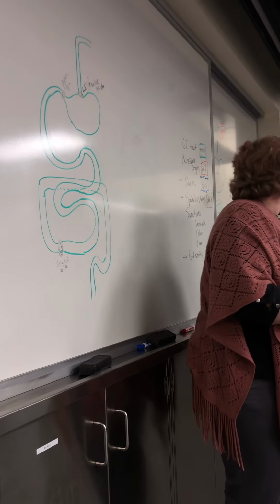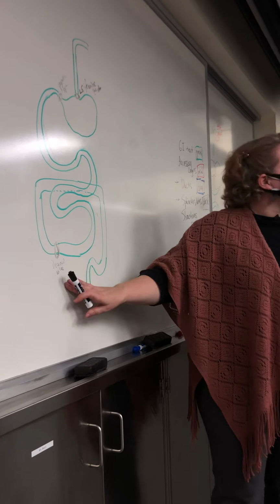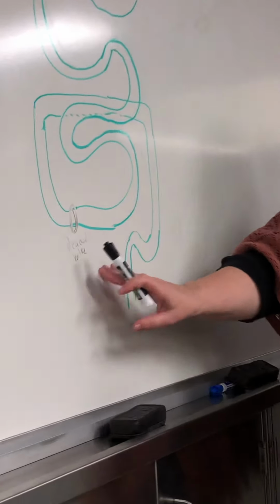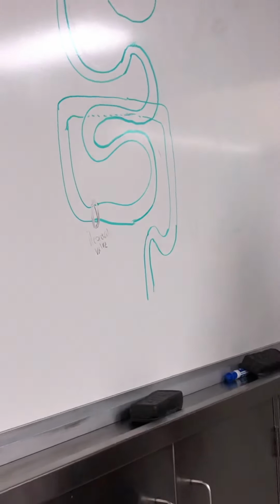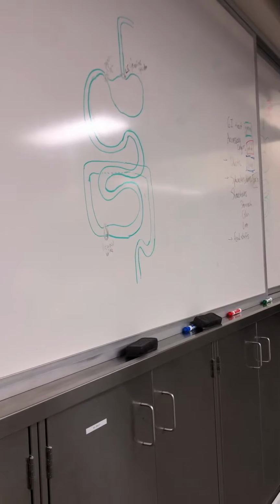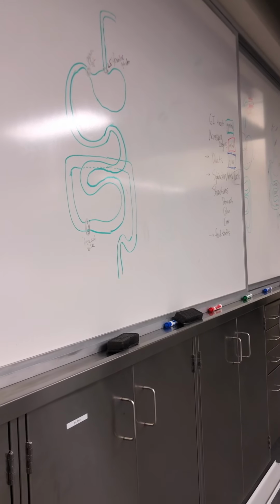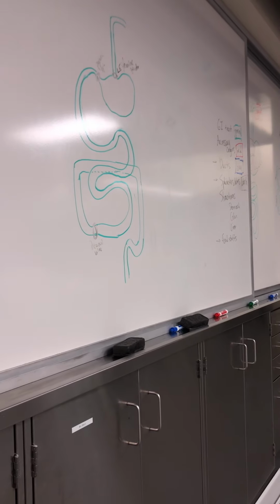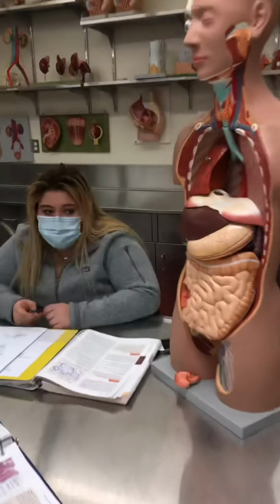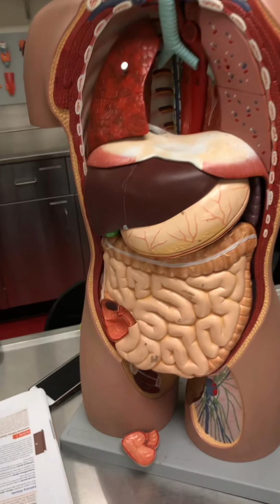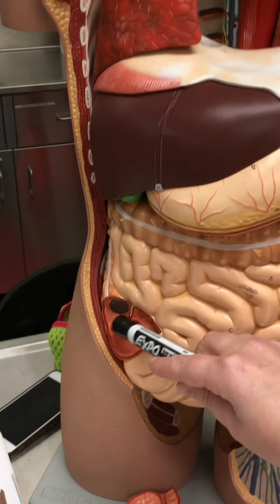So the ileocecal valve, and if you want to remove the door here, you can take a look inside of this gross anatomy structure. I don't know if you want to video this. You can actually see the ileocecal valve right here.